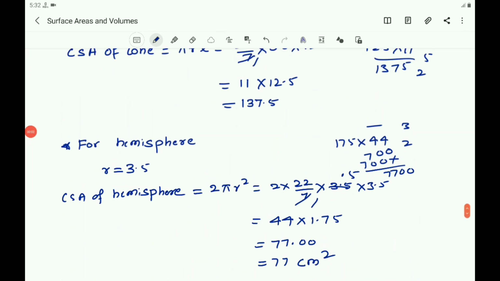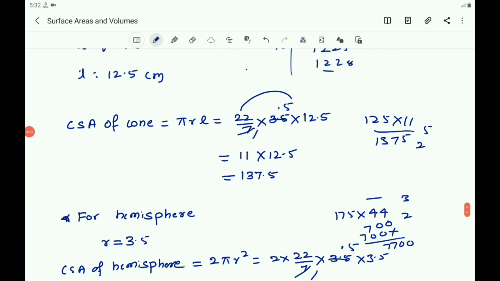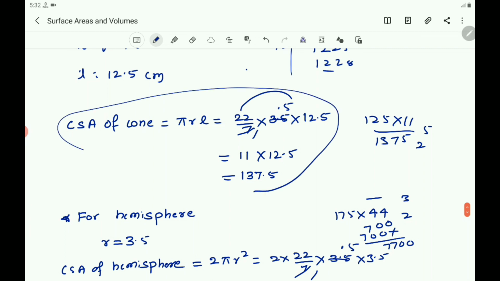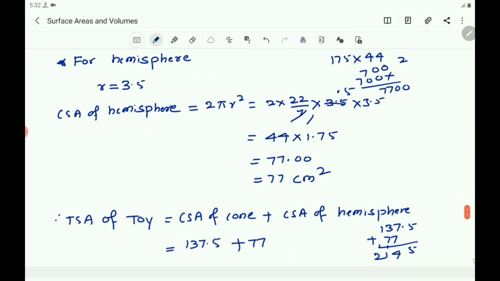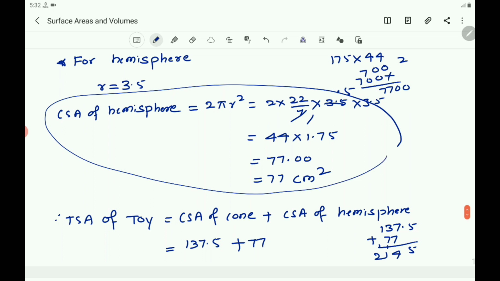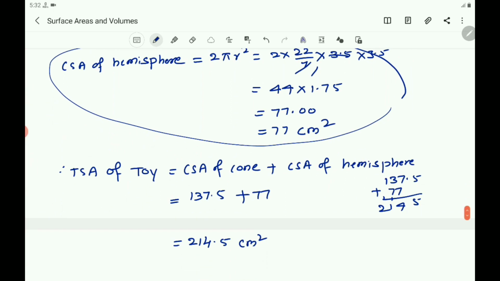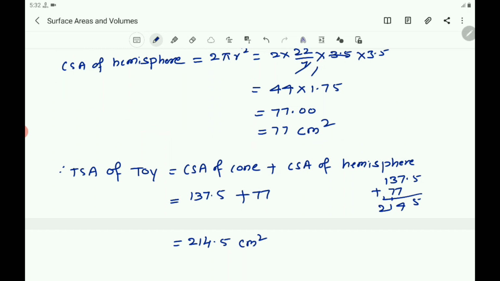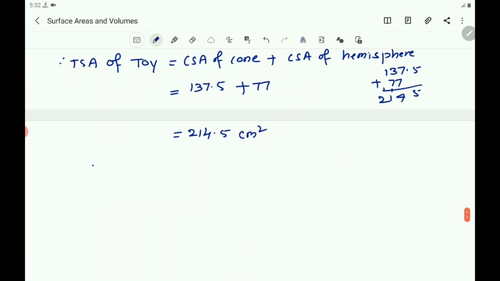Or in the other way, without finding the CSA of cone and CSA of the hemisphere separately, in combined form you can find the total surface area of the toy. So you take the second method.